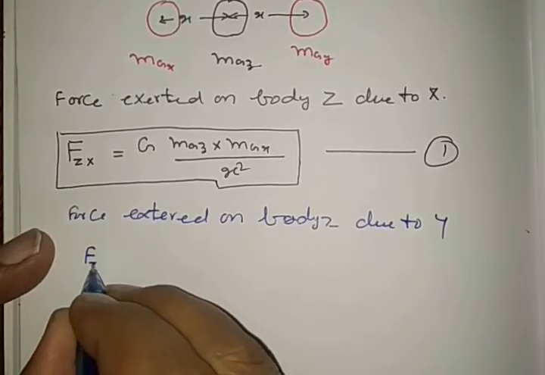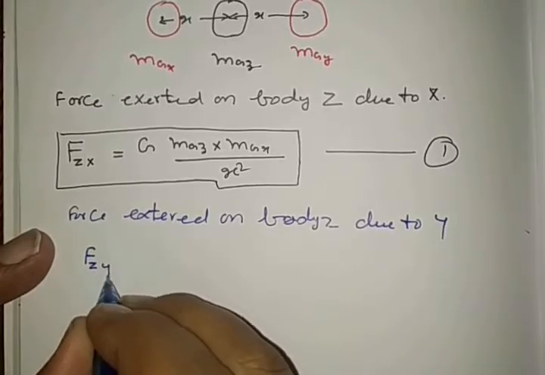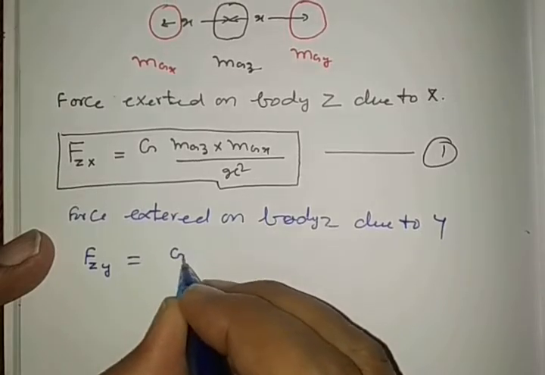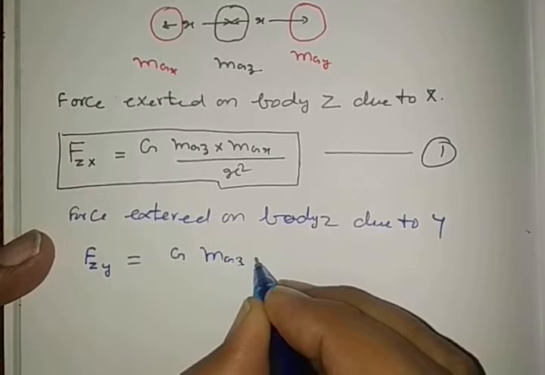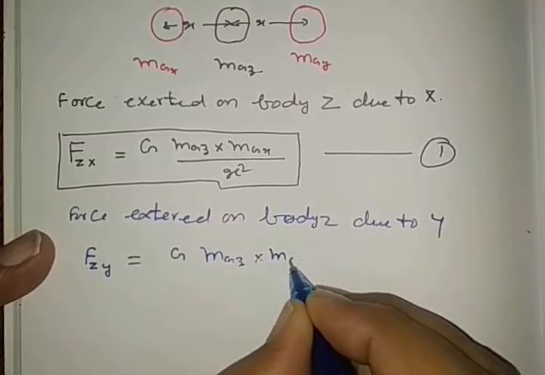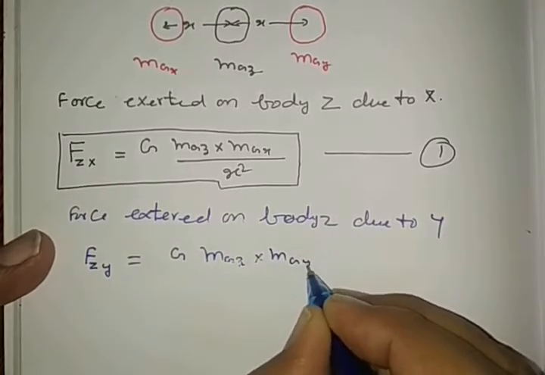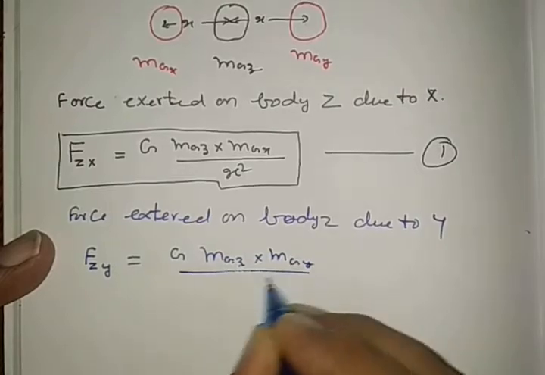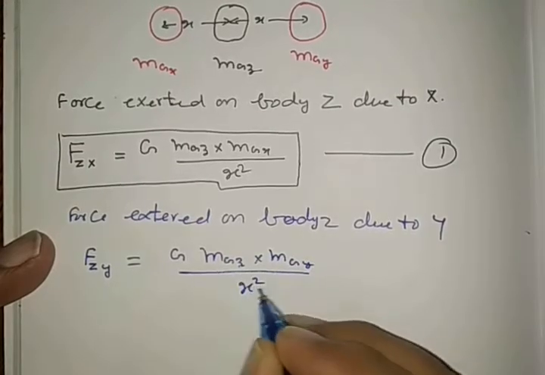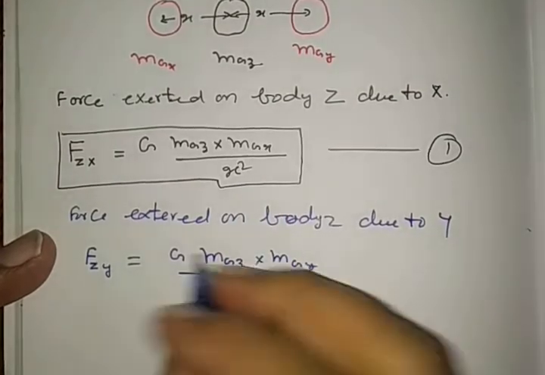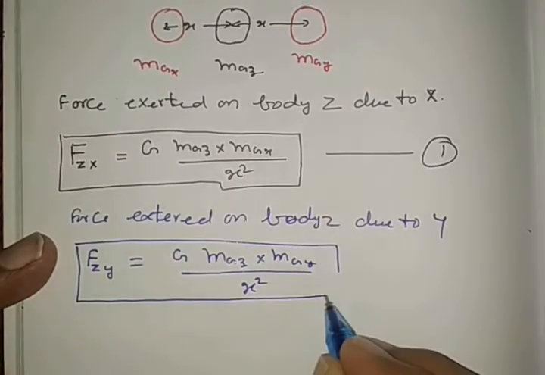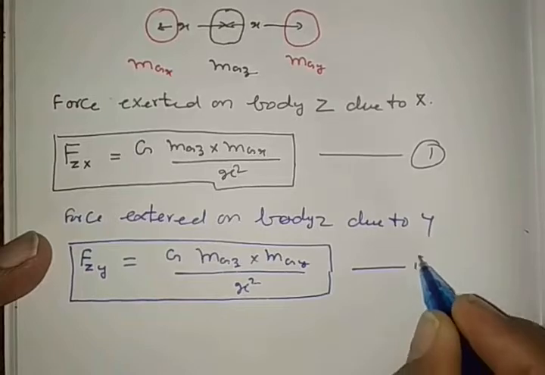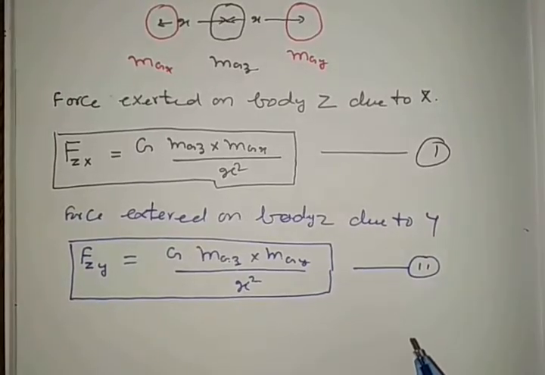F_zy = G m_gz m_gy / x². The distance is the same, and it is represented by equation number 2 in this case.